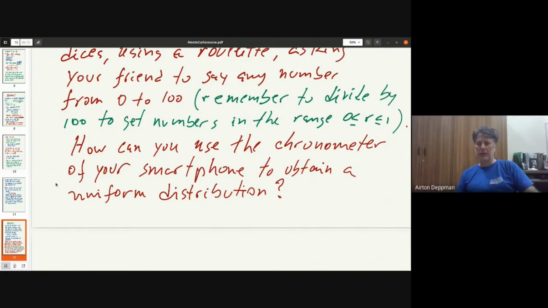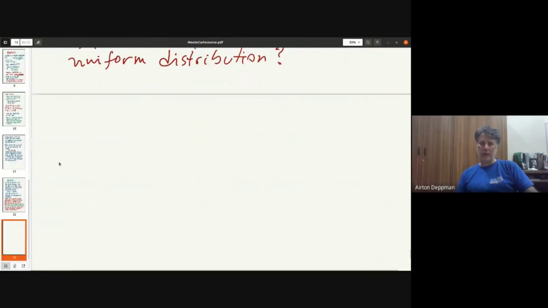So there are methods to use a computer to generate random numbers. Usually real random numbers, not quasi-random numbers as we get in a computer, are sorted by using some natural uncertainty, and the chronometer can give you this natural uncertainty.